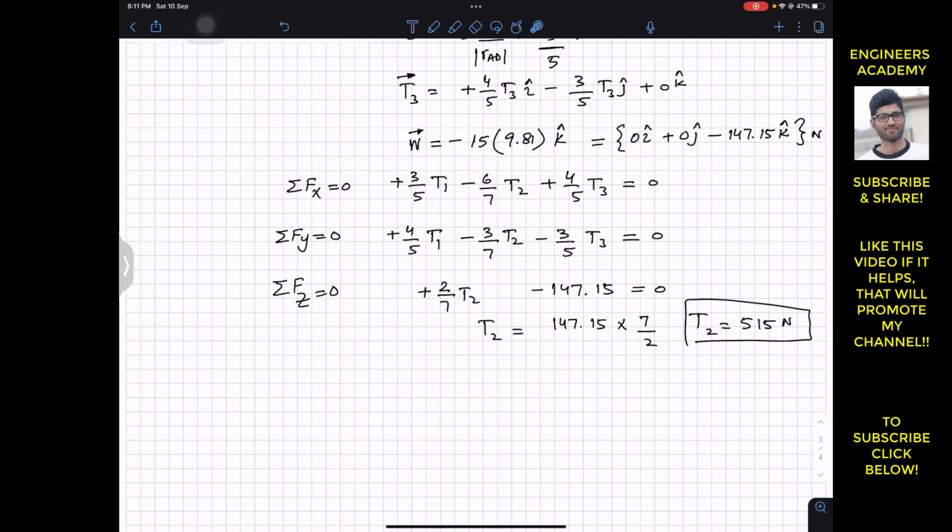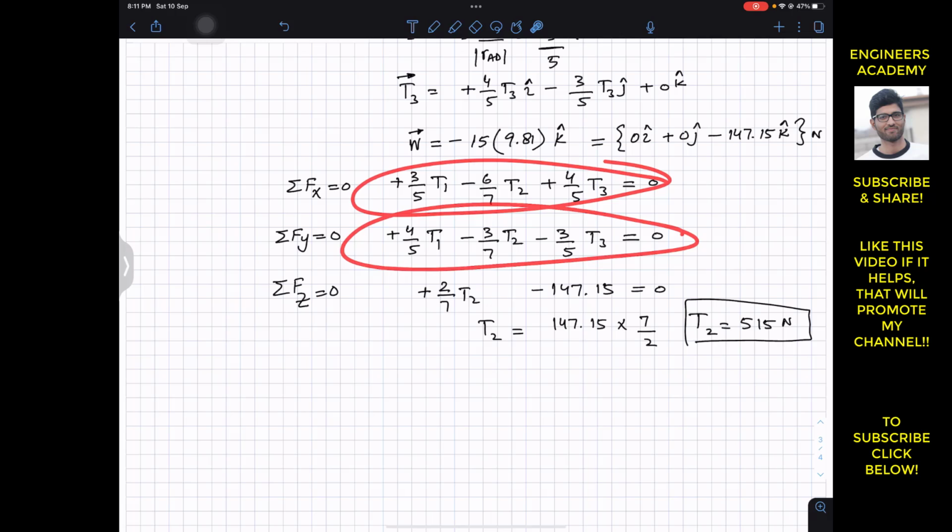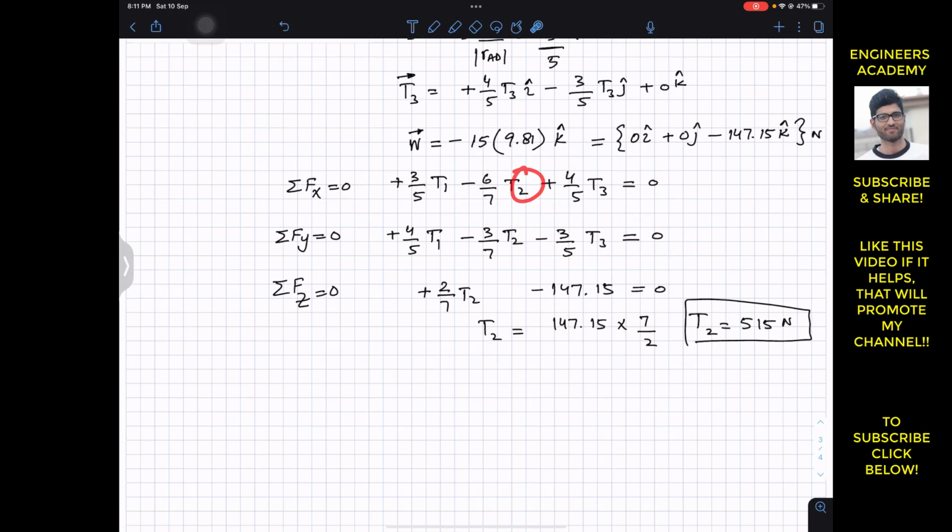Now we know T2, so we can write this equation and this equation in terms of T1 and T3 since T2 is known. So let's say that this is equation 1 and this is equation 2. So now let's simplify equation 1.